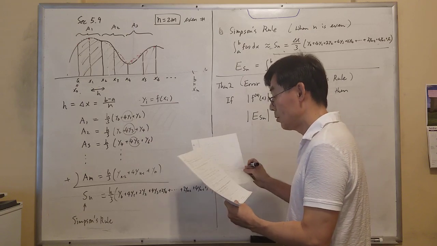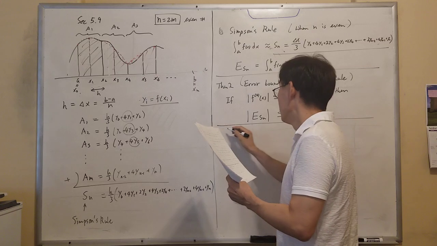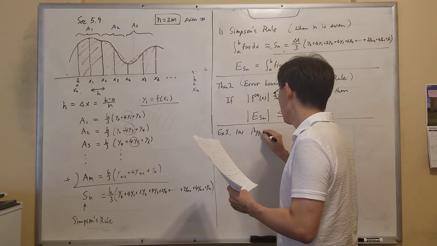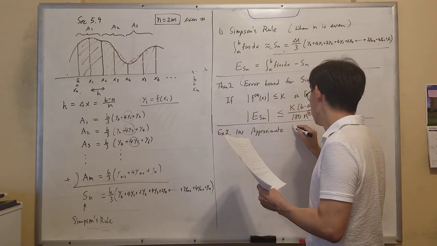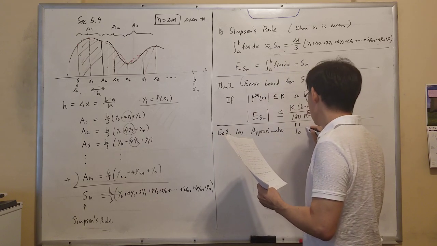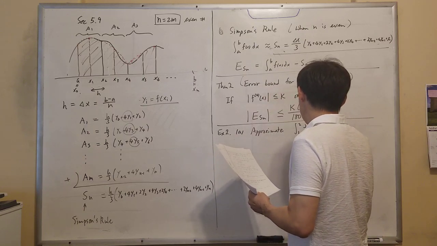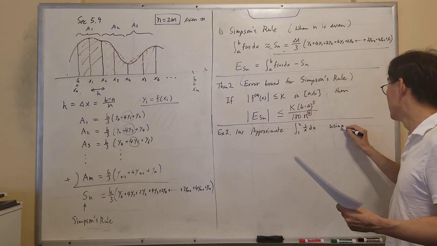Now, let's do some examples. Example 2a: approximate the integral from 1 to 2 of 1 over x dx, just like before, using S4.